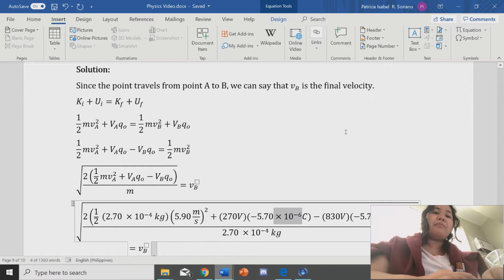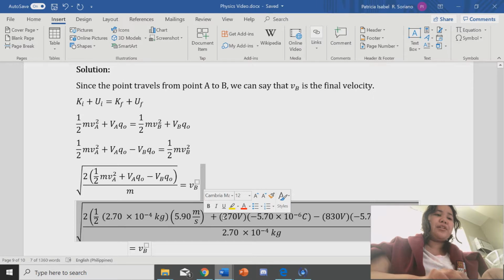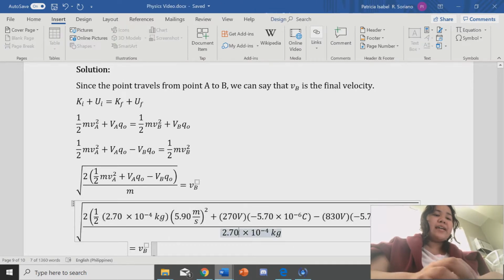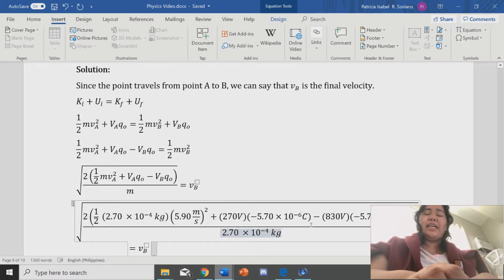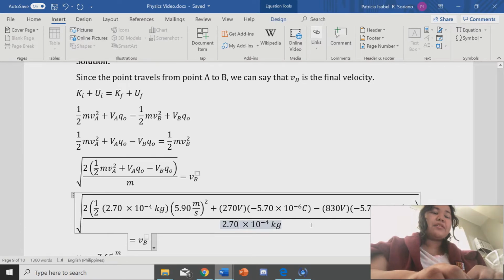Again, that's from the microcoulomb, so I just converted it to coulombs. Same with the 830 volts times the negative 5.70 microcoulombs over here. And of course, like the one in the initial formula, we divide this entire thing by the mass, 2.70 times 10 raised to negative 4 kilograms.